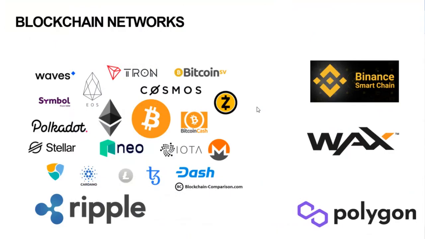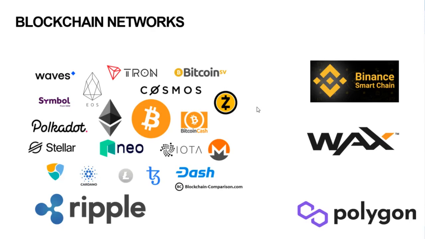Now, blockchain technology itself is what we call blockchain networks. These networks are frameworks that have different pluses and minuses. They don't all work the same, and they are built for different layers of the blockchain, which I'm going to talk about.